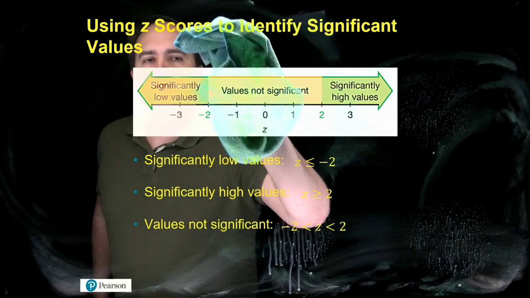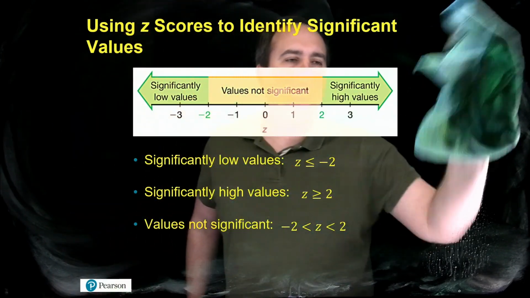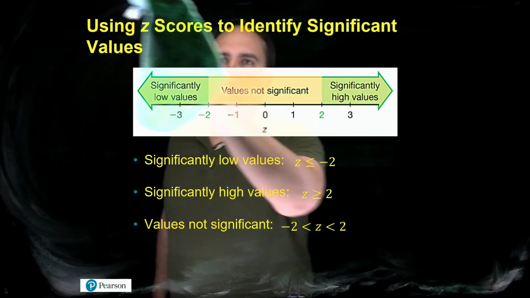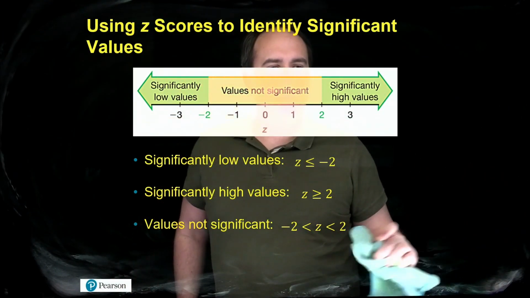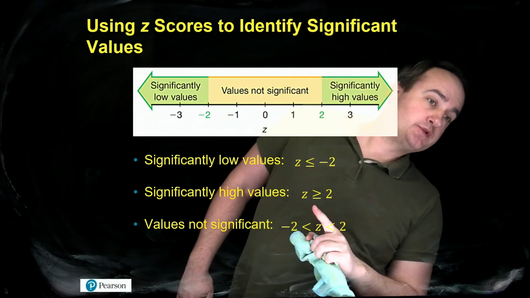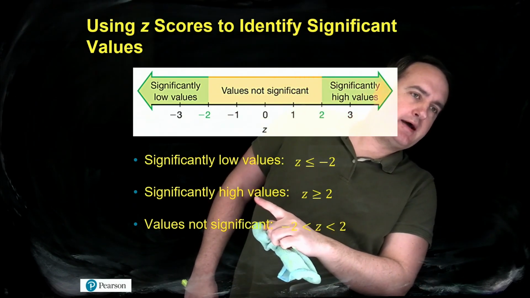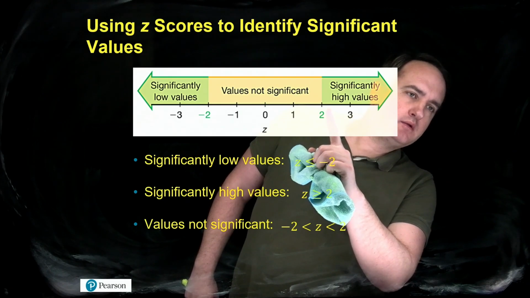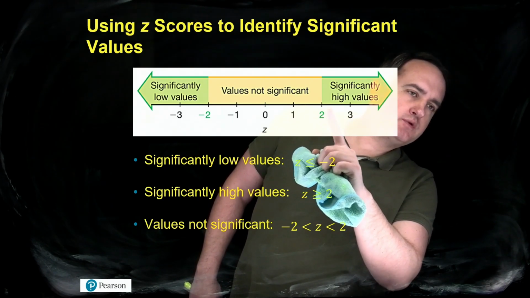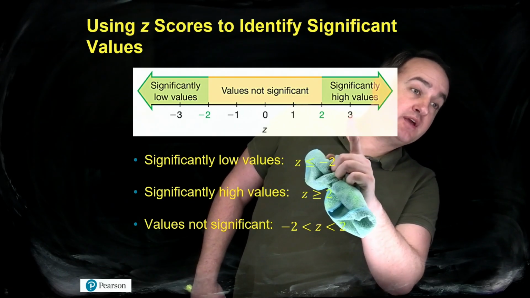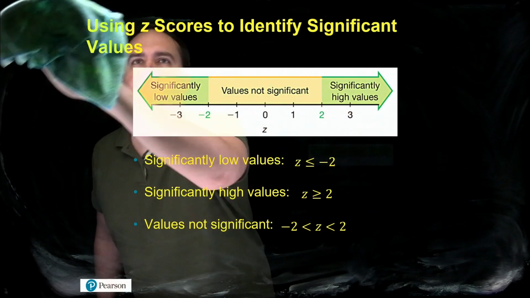If you look at this picture here for the range rule of thumb, hopefully you can easily see that 2.21 is greater than or equal to 2, so it's significantly high. In other words, it would be somewhere here to the right of 2, and 2 is the cutoff for significantly high values for z-scores.